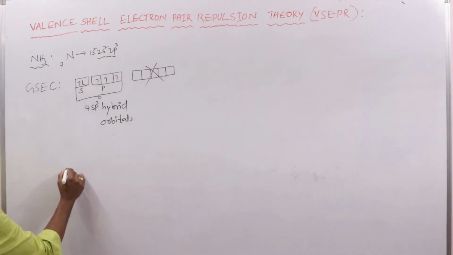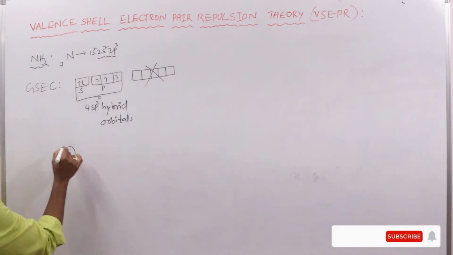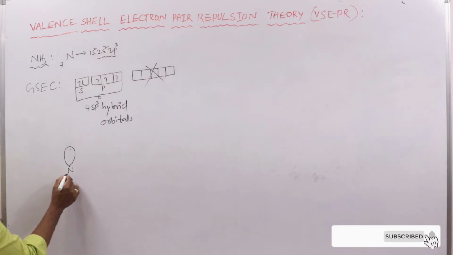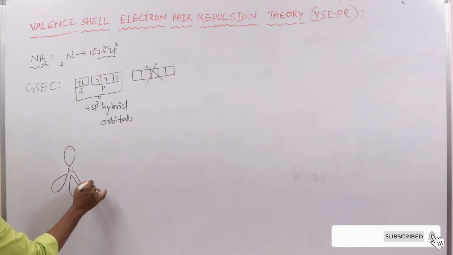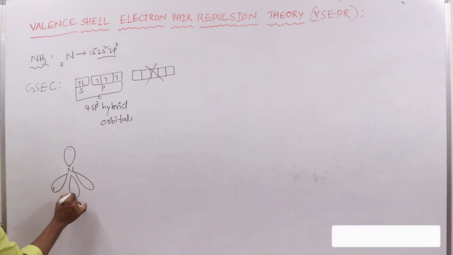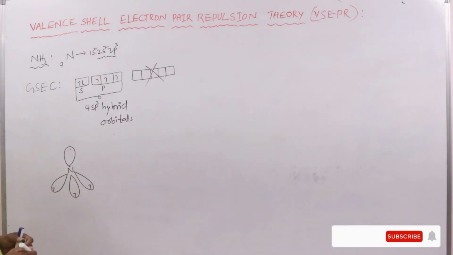So for nitrogen, this is the lone pair of electrons, and these other hybrid orbitals contain unpaired electrons.